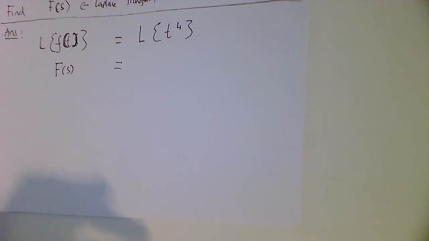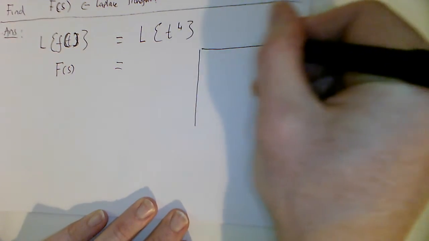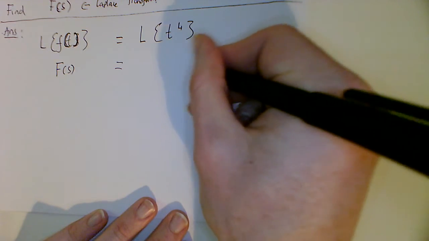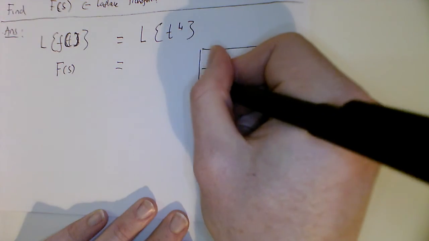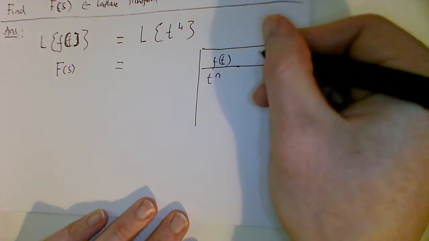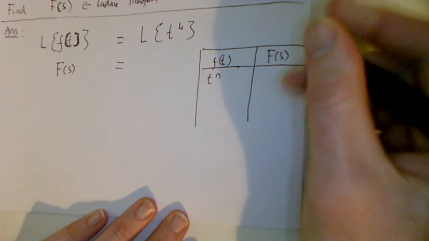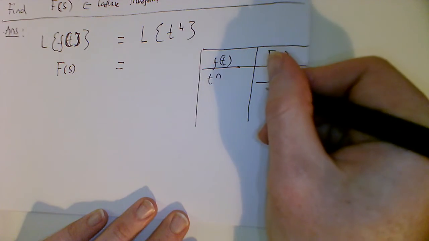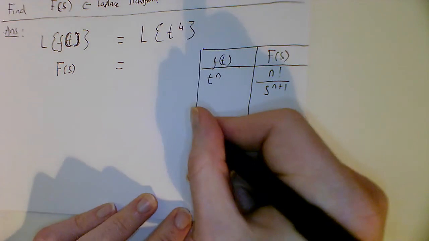I'm just going to write this at the side, so hopefully you can see it. It tells me that if f of t is t to the power of n, then F of s is n factorial over s to the power of n plus 1. So that's the one from the table.